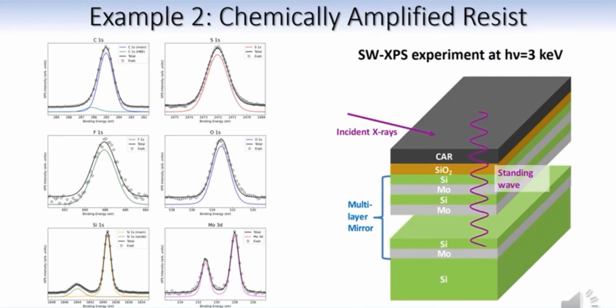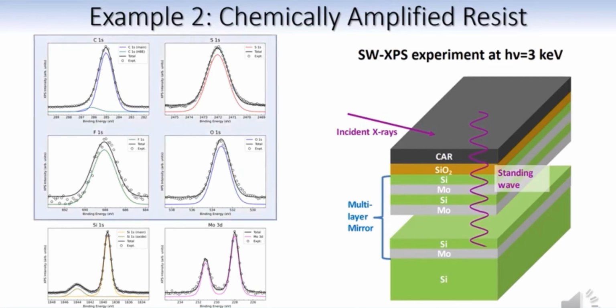Looking at the initial X-ray photoemission spectra, as shown on the left, we see all the elements that we expected. The top four spectra originate from the resist: carbon 1s, sulfur 1s, fluorine 1s, and oxygen 1s. The bottom two, from silicon and moly, are again the two materials from the mirror.